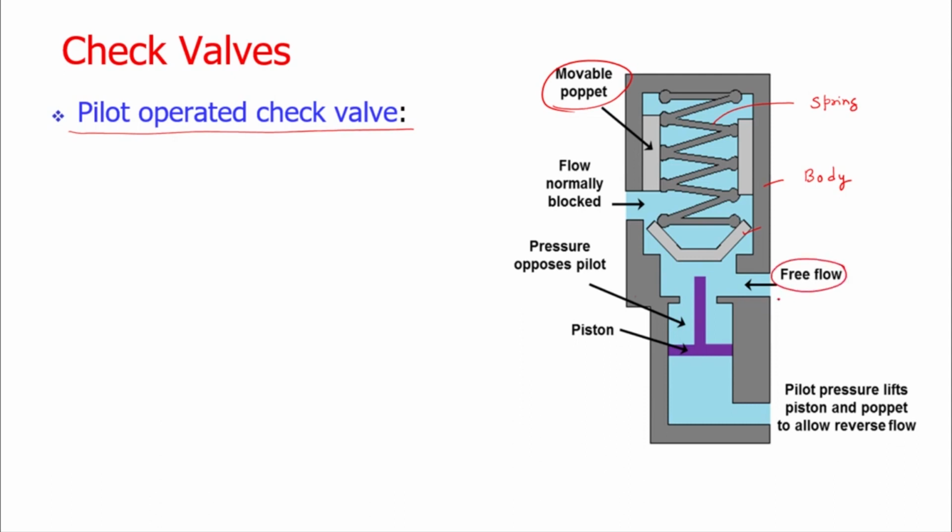The inlet is connected to the pump. So this is the outlet of the valve, and the reverse flow is normally blocked. From the outside we are getting the pressurized fluid for the desired application.